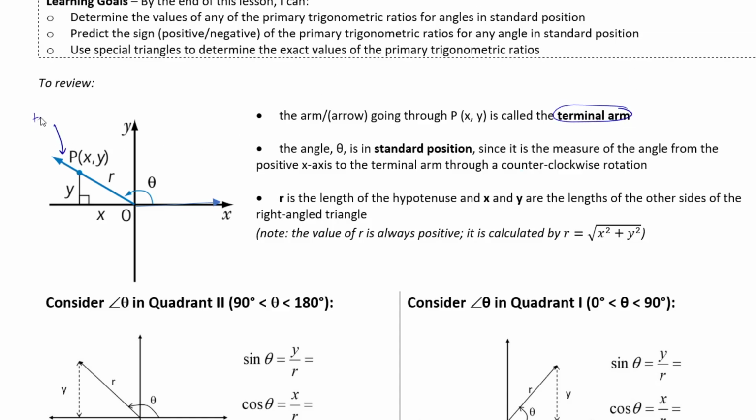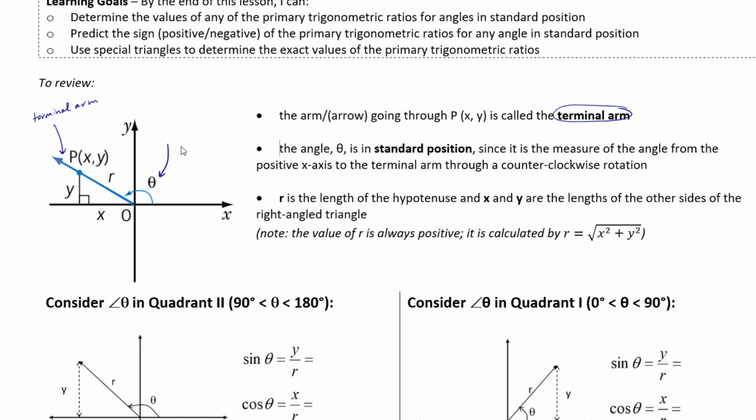So I'll just notate that right here. That is your terminal arm. Okay. And the angle in standard position is the angle that terminal arm makes when it rotates in a counterclockwise manner. Okay, and it's the angle it makes with the x-axis.